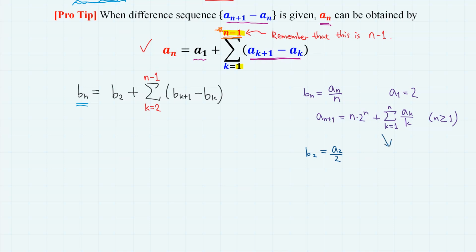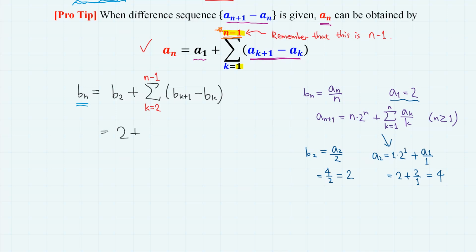And from the original recurrence relation, we can find the value of a2, which is 1 times 2 to the power of 1, and the summation part in this case is only a single term, a1 over 1. Since a1 is equal to 2, we have 2 plus 2 over 1, which is 4. Therefore, b2 equals 4 over 2, which is 2.